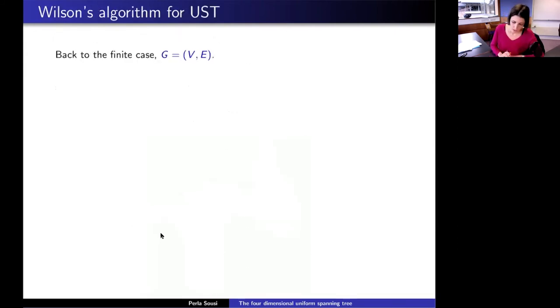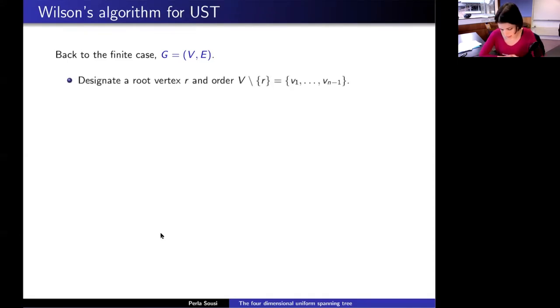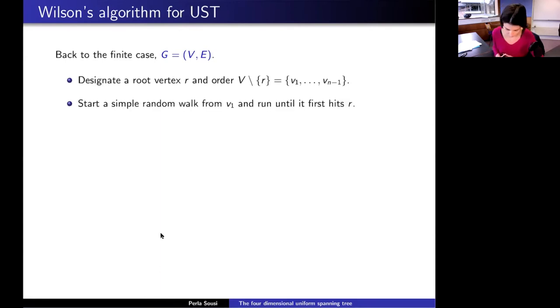Okay. So now that I defined what we mean by the loop erasure of a path, I can describe Wilson's algorithm. So we have a finite graph G, and we designate some vertex R to be the root vertex. So we fix it, and then we order the remaining vertices of the graph. We just pick an arbitrary ordering, but we just stick with it.